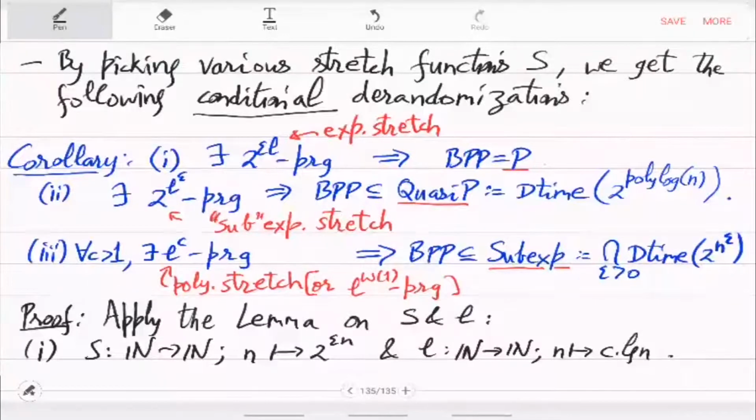an exponential stretch 2 raised to epsilon L PRG. So that is why the stretch n to 2 raised to epsilon n is possible.